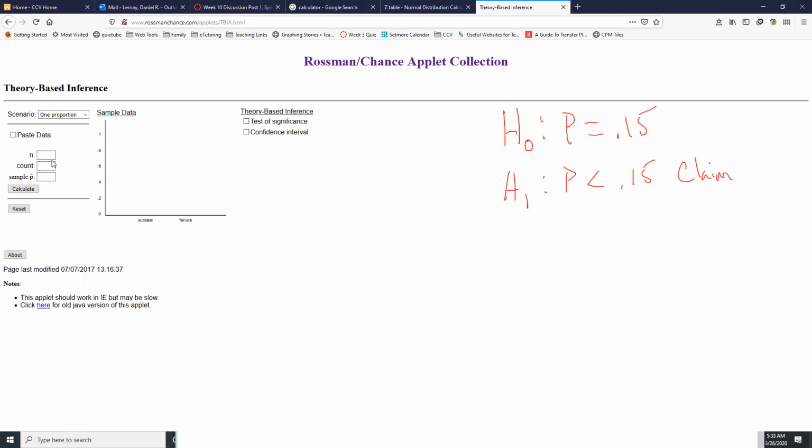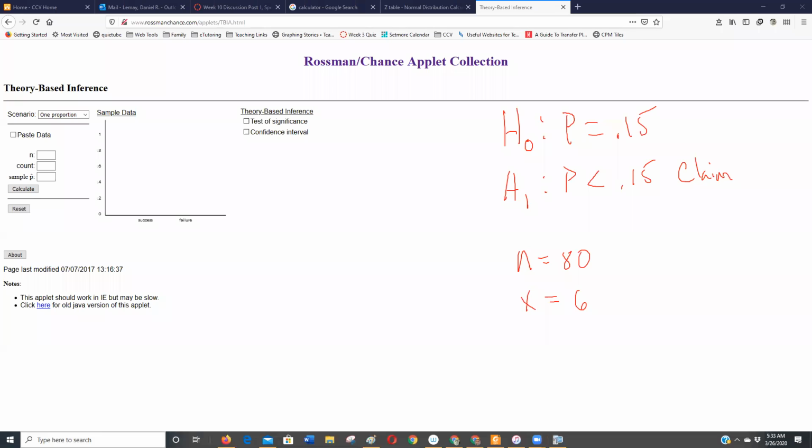So how do you use this applet? You might have watched other videos of mine, but I'll walk you through it here. Let's write some stuff down. Back on the original problem, I knew that n was 80. I knew that x was 6, right? And what level of confidence, or what level of significance, are we looking at?